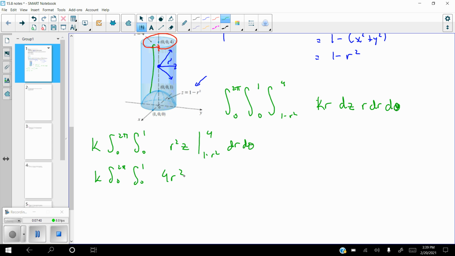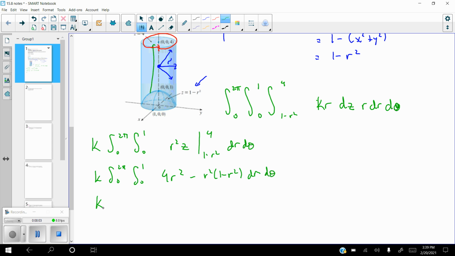Plugging in 1 minus r squared for z, it's going to give us minus r squared times 1 minus r squared dr d theta. Now, hopefully you recognize that I've only got r's left. So I can actually separate this one if I want to at this point.